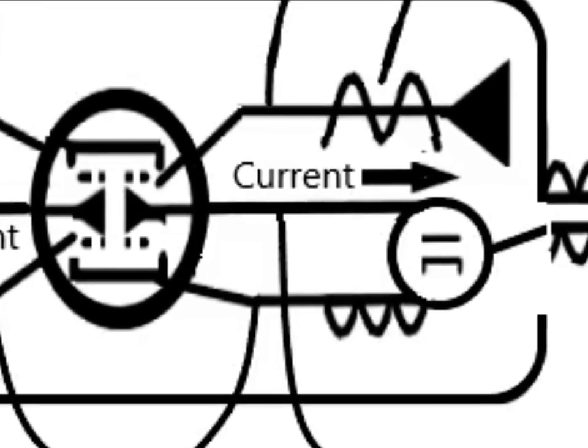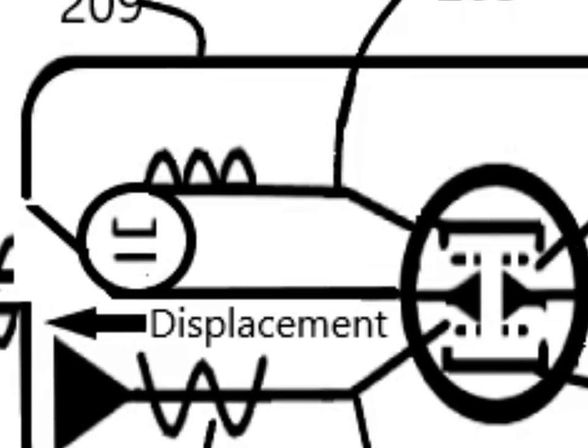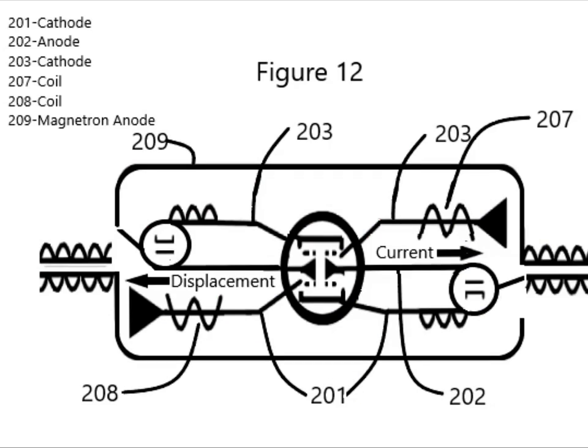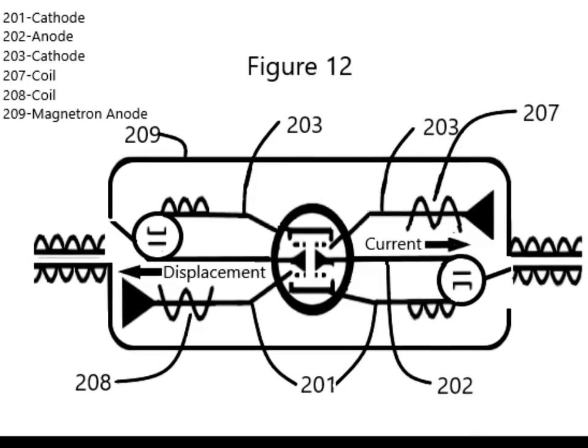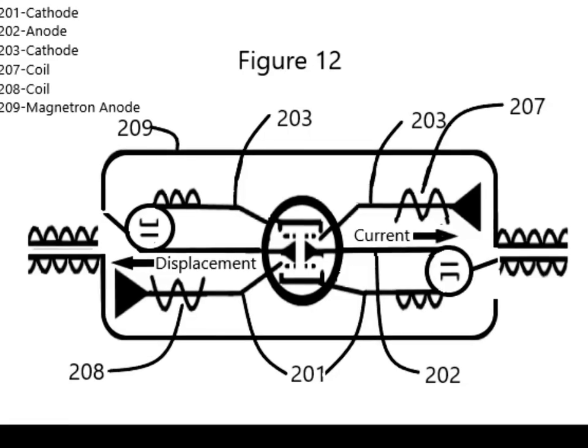The direct current is used to heat or charge opposing vacuum tubes, and the signals that come through from that are sent either onto the capacitor anode, or the displacement current is sent onto the magnetron anode.